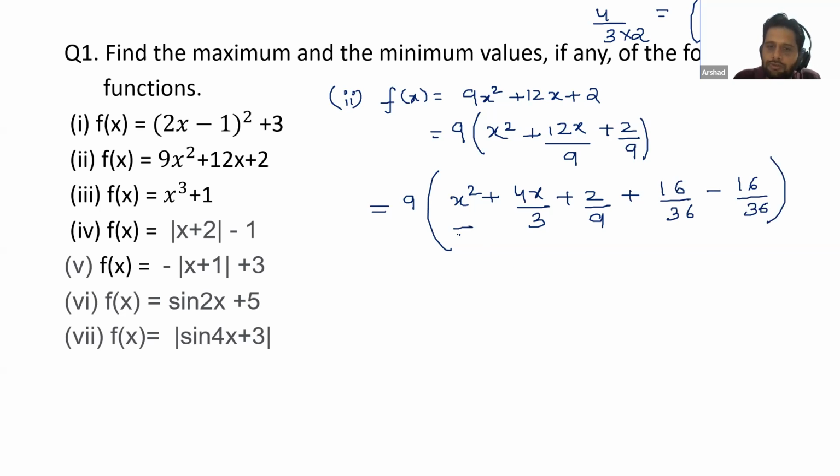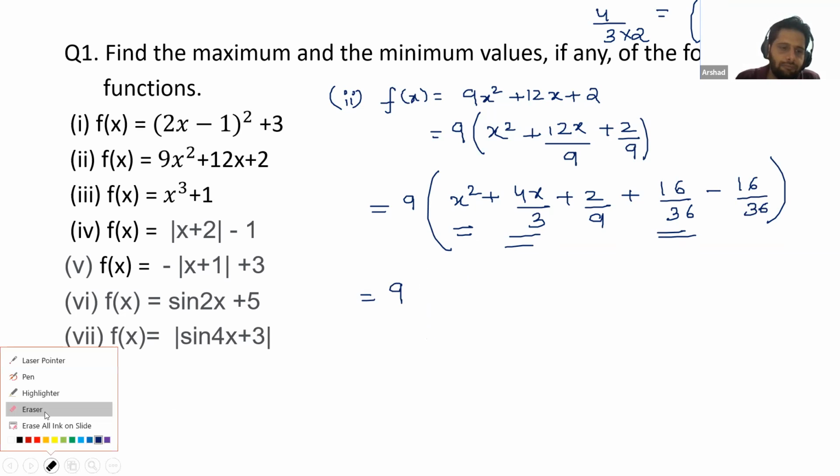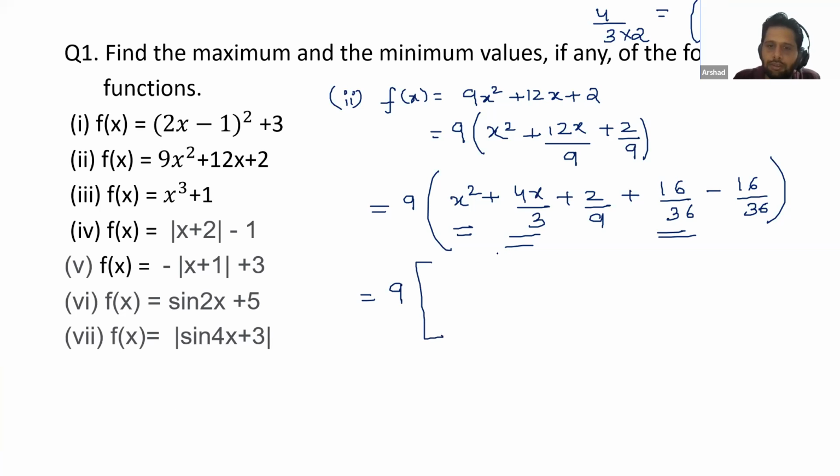Now this one, and this number which you have added, always make a perfect square. So here you have 9 times (x squared plus 4x by 3 plus 16 by 36). So this term, the coefficient of x, and the number you have added, write this in the bracket.